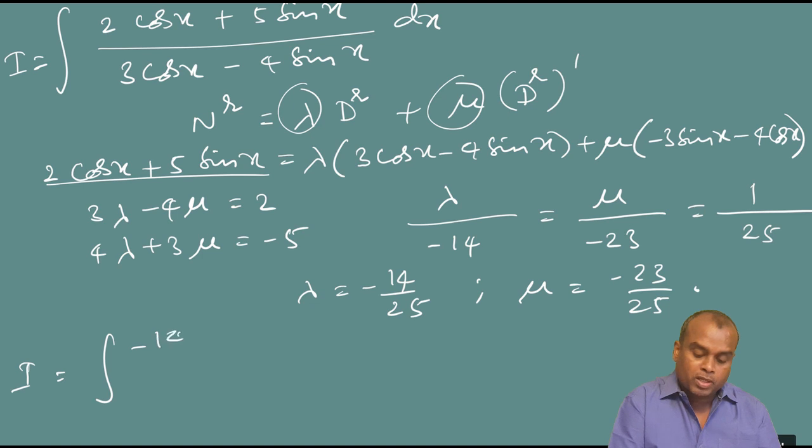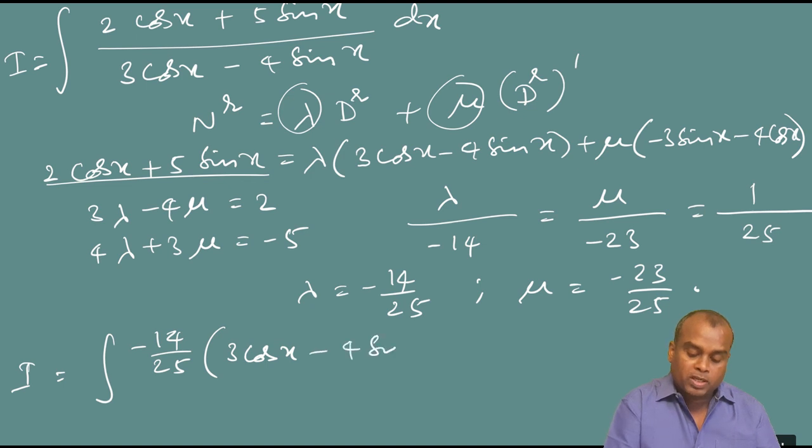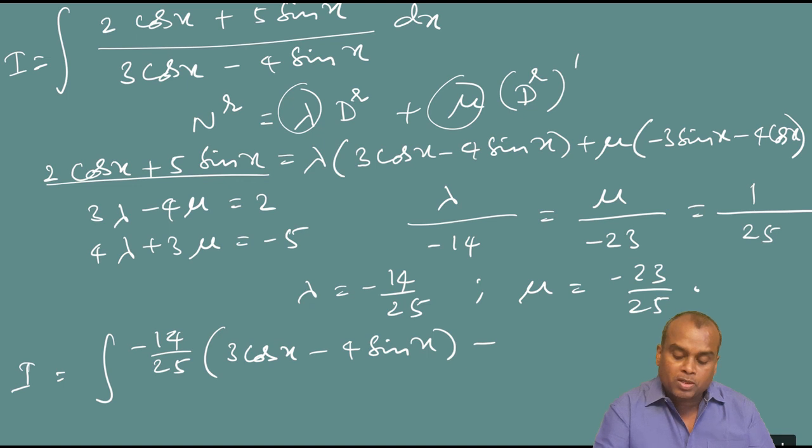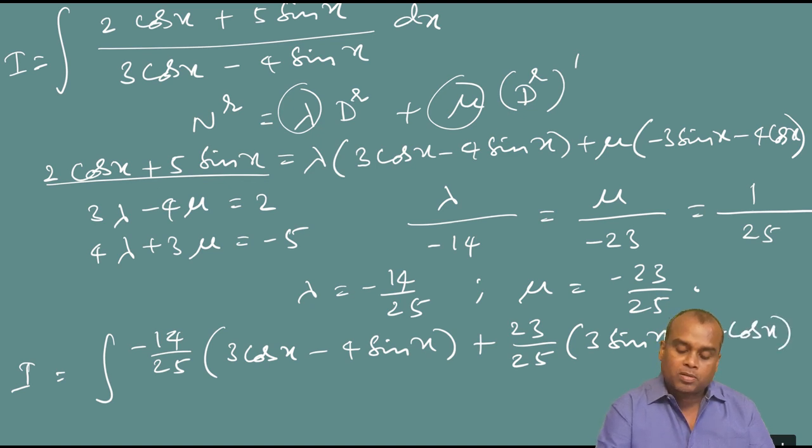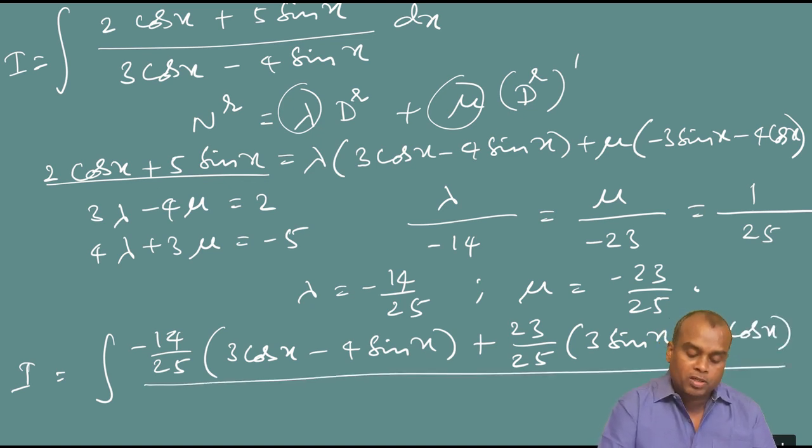Lambda is minus 14 by 25 into 3 cos x minus 4 sin x plus mu into, mu is minus 23 by 25. I am going to send this inside the bracket. So I will have it as 23 by 25 into 3 sin x plus 4 cos x by the denominator, it is 3 cos x minus 4 sin x dx.